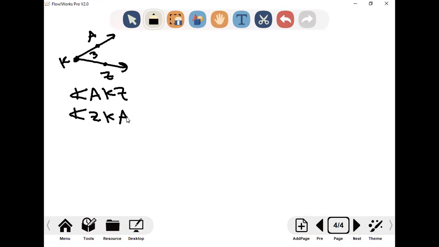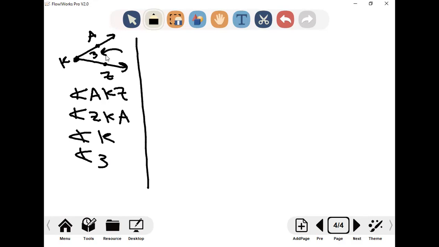If you have this angle alone, with no angles beside it, we can say angle K or angle 3. This is how we name the angle, depending on the letters which are written. Mostly, we will use numbers. Not always, but mostly.